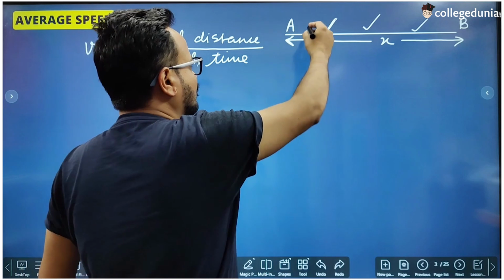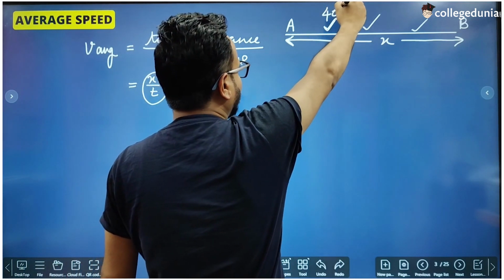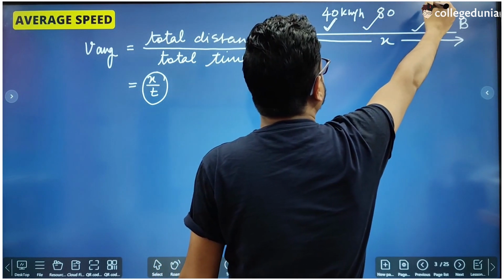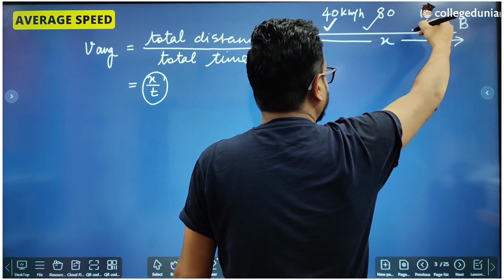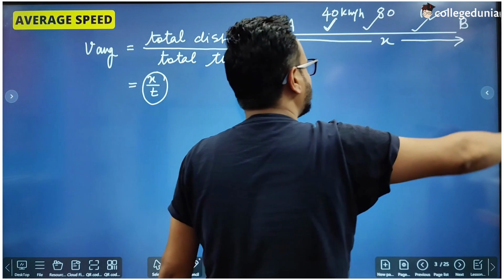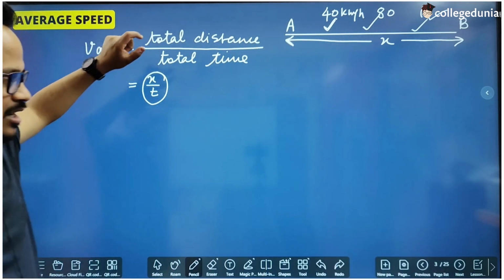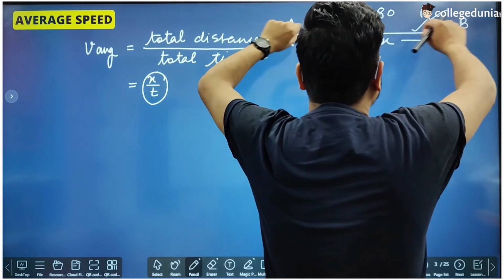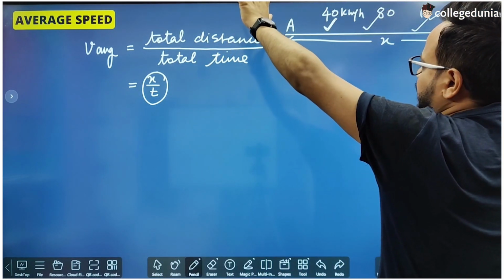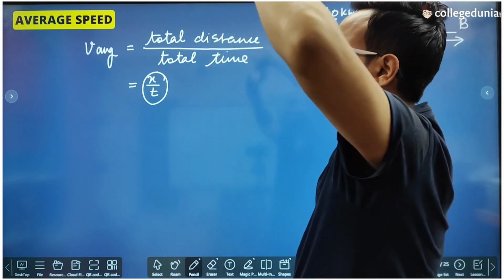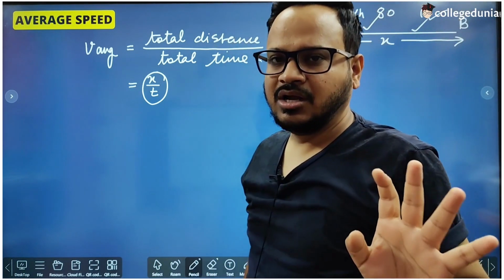Suppose the speed of the body is 40 km per hour at this point, 80 at this point, and there was some traffic at this point, so the speed of the body is reduced to 10 km per hour. But when we divide this whole distance by the total time taken by the body in traveling from A to B, we get, let's say, 60 km per hour.